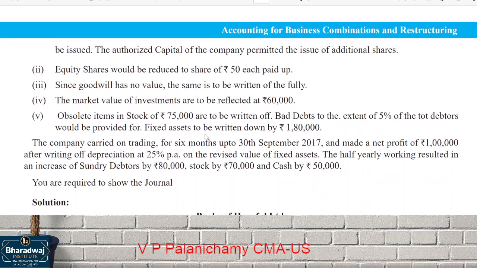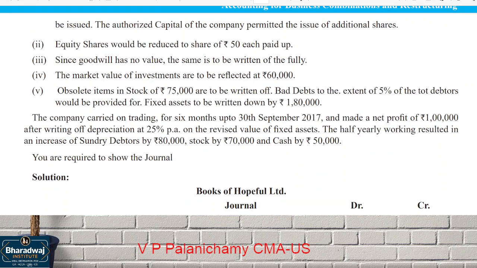Authorized capital permits the additional shares. Equity shares will be reduced to shares of rupees 50 paid up. Goodwill has no value, we have to write off. Market value of the investment is given as 60,000. Obsolete stock 75,000 is given, that means write off. Bad debts 5%. Fixed assets written down by 1,80,000.